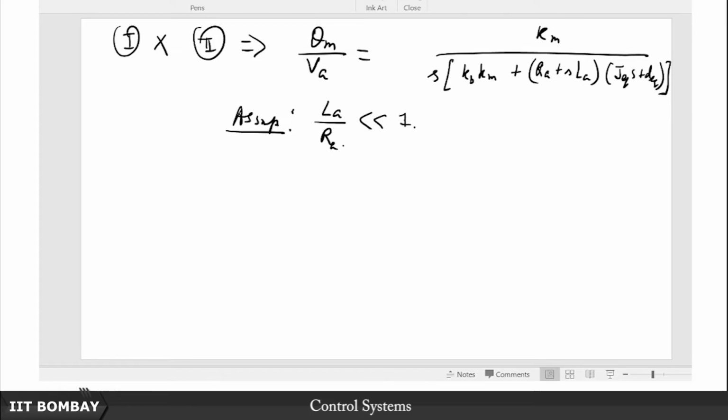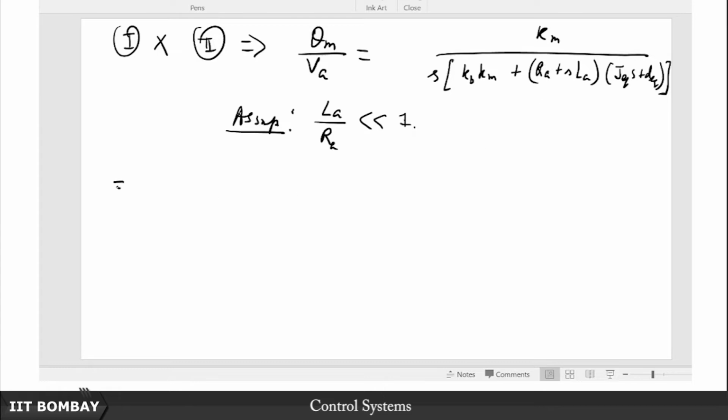So the ratio of the inductance in the armature circuit is way smaller compared to the resistance in the armature circuit. So for all practical purposes we can probably ignore this L, right. So if we do that, let's quickly do that. What then happens is we are just left with an Ra here, right.